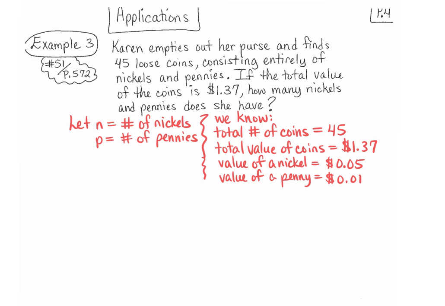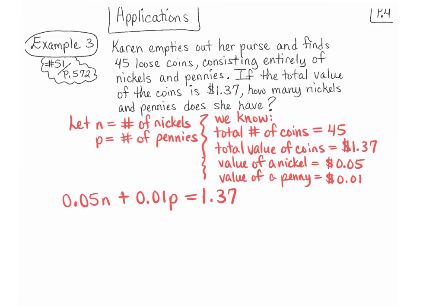So I'll give you that. 0.05 N, continue. Good. Equals $1.37. That's one equation. Excellent.